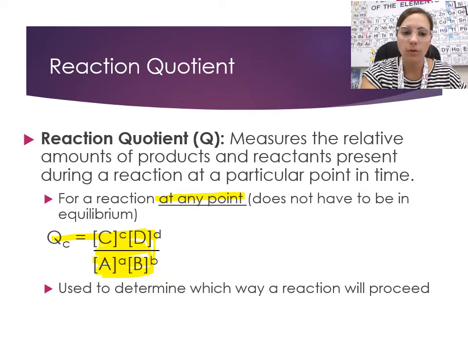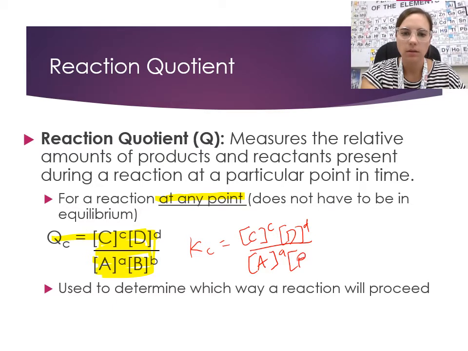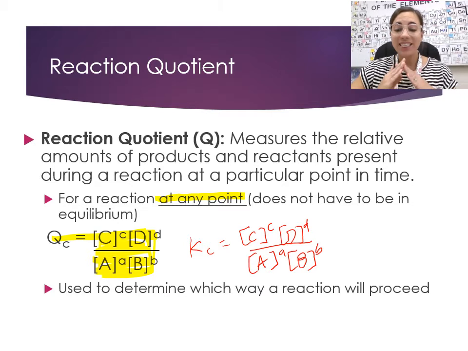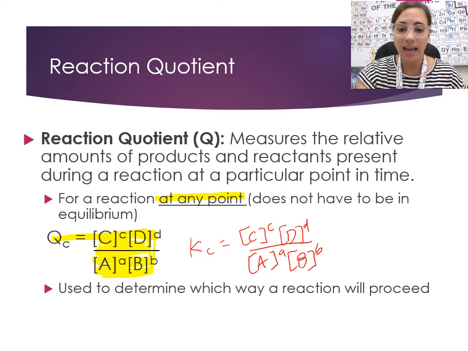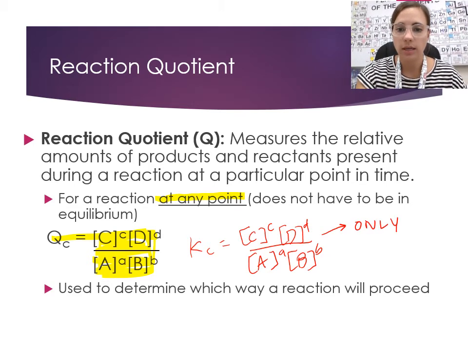So if you remember, K is concentrations raised to their coefficient of products over reactants. So there is literally no way in which Q is different from K, except that Q is at any point in time, while K is only at equilibrium.